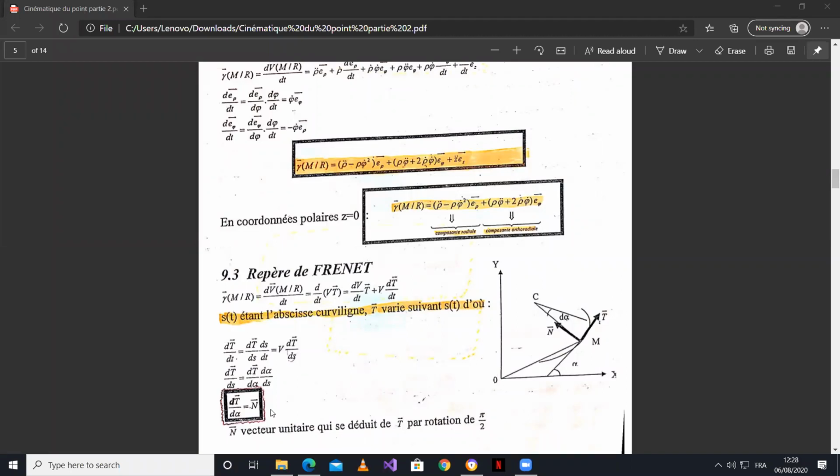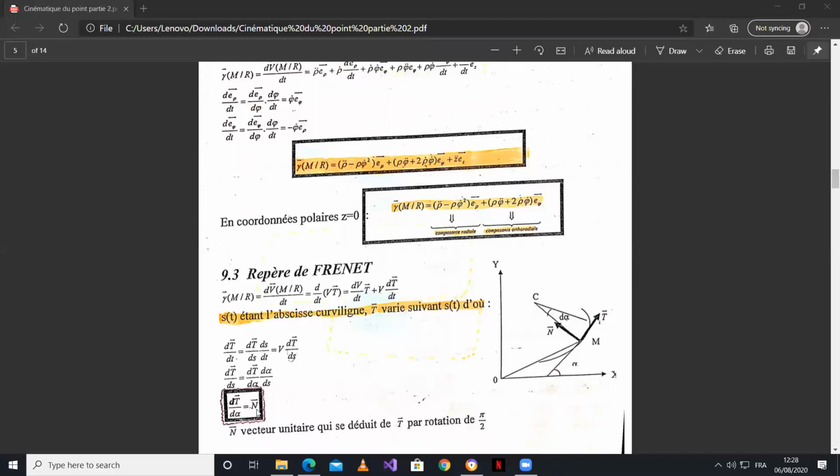You have this concept, this principle in your notes. If you have gone through them, I'm sure you know about it. If you haven't, please go back to your notes, revise it, understand it well, and this is just going to be du gâteau. So when we derive a vecteur tangent par rapport à cet angle alpha, we are going to get the vector n, which is at 90 degrees to it.